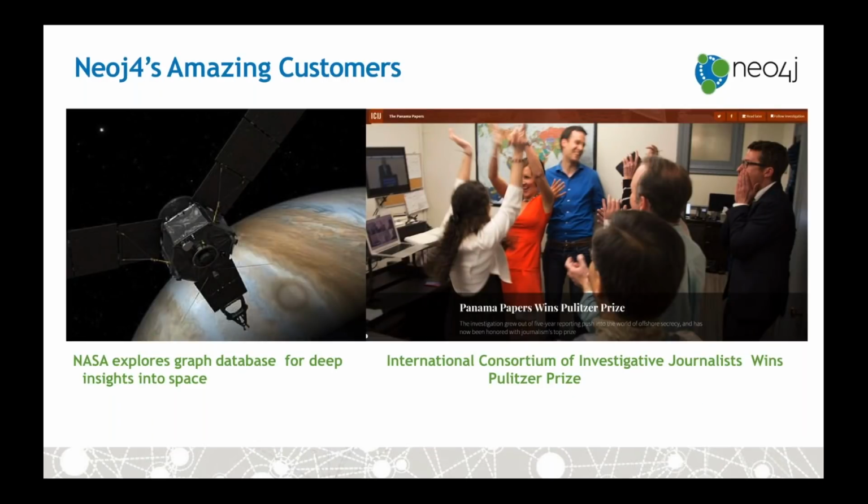Just to briefly mention something about two of our customers. We've got many, but these two certainly stick in my mind. The first one is the NASA use case. They're using a knowledge repository stored in Neo4j as a foundation for mission history databases. Essentially, they've taken all the knowledge of every launch over the past 40 years, so you can imagine that's quite a lot of data, and they're storing it in Neo4j.